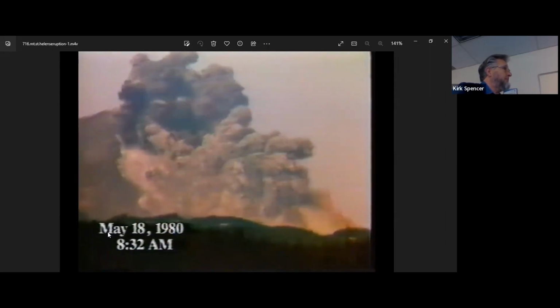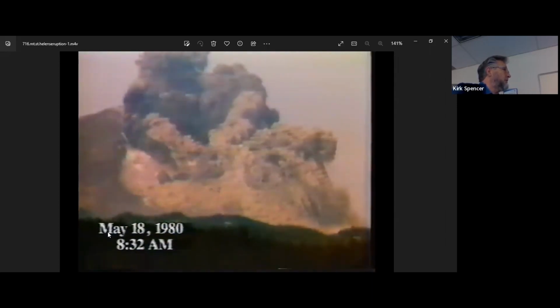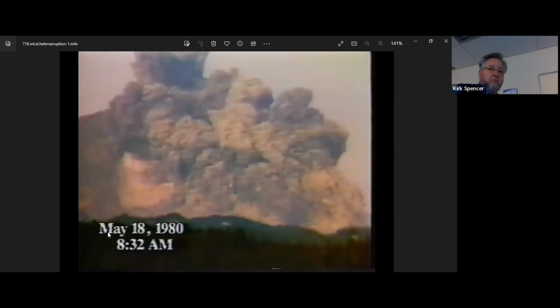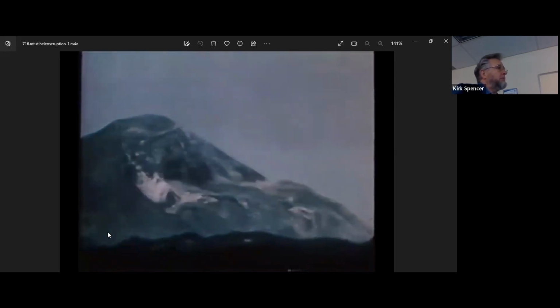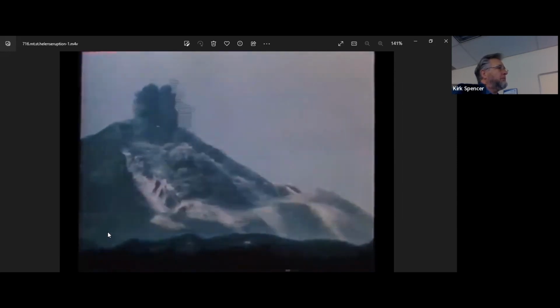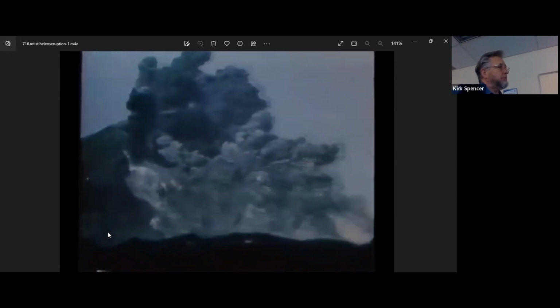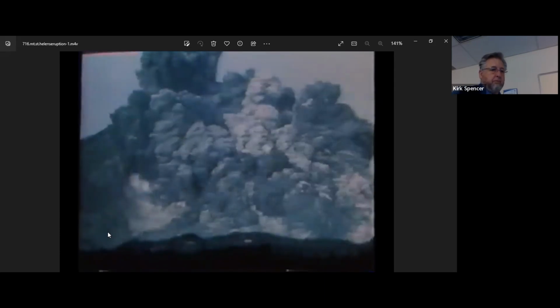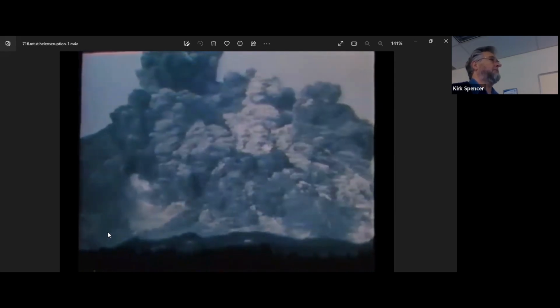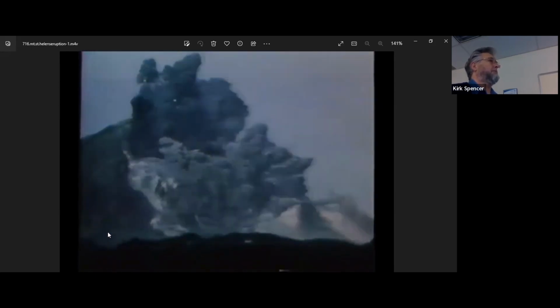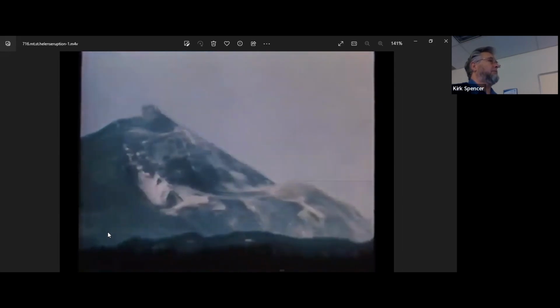Pent-up pressure found release in a tremendous explosion, blasting out of the mountain at 220 miles an hour. The cataclysmic eruption at 8:32 was totally unexpected.